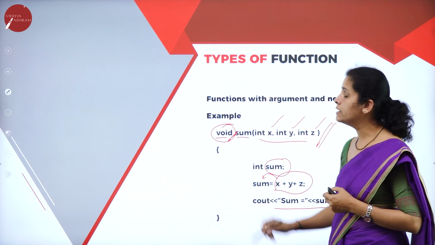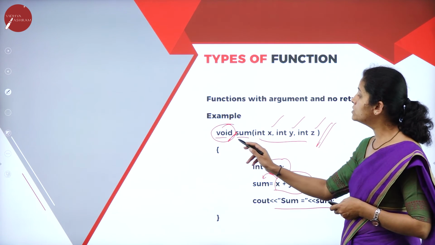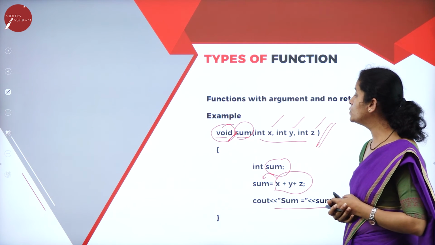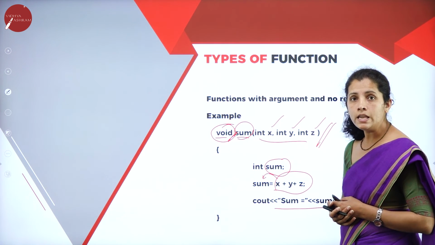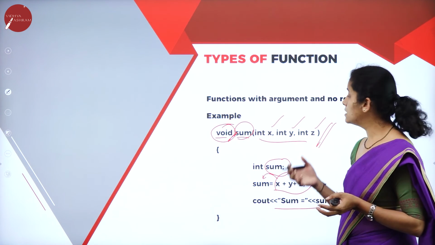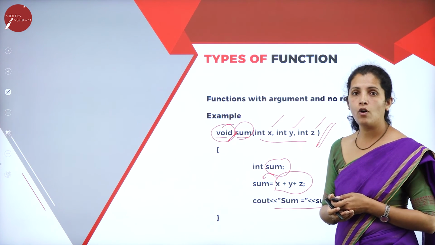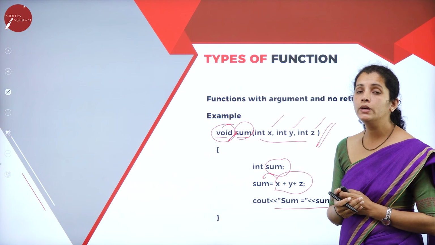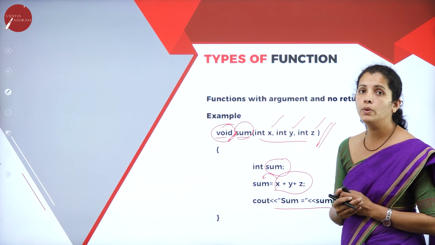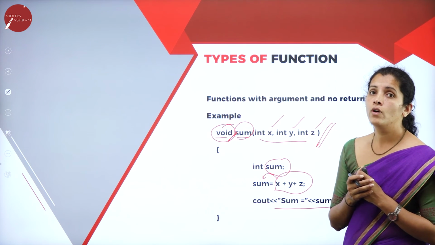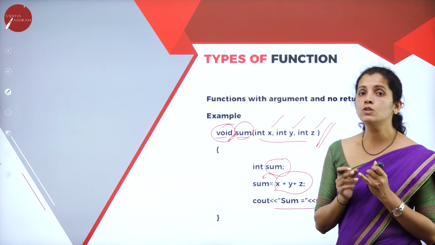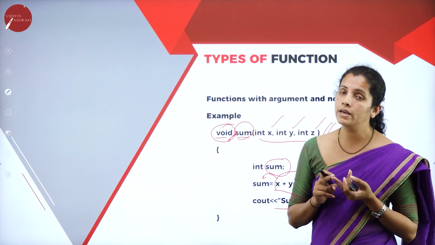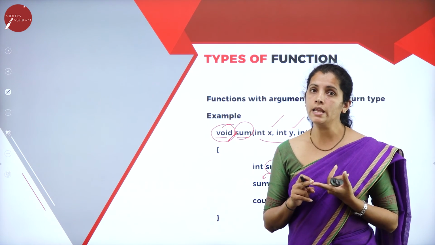For that reason, it is void, and the user defined function name is sum, and it's going to take three variables, and these are examples of formal variables. So dear student, in today's session, I started with the types of variables, that is actual variable, formal variable, local variable as well as global variable.